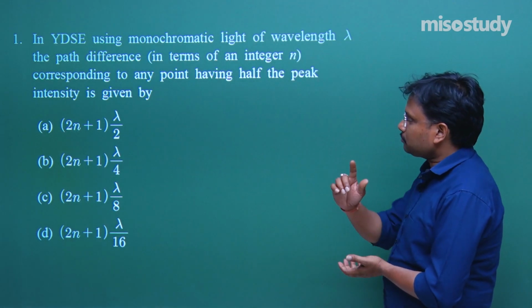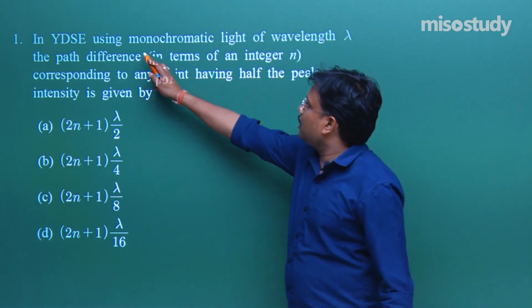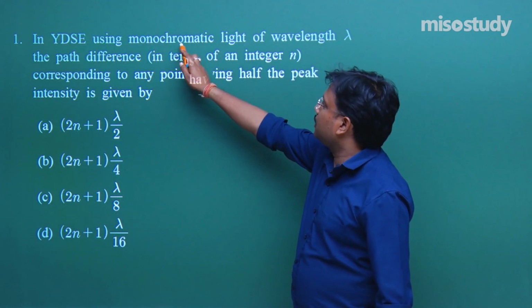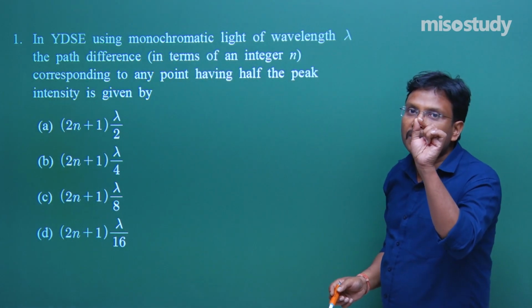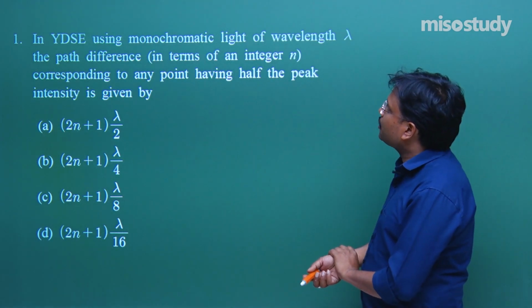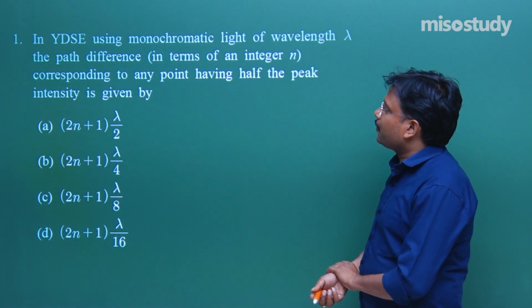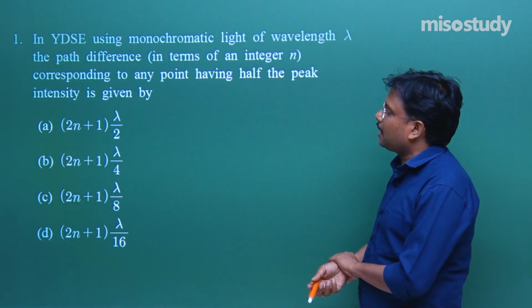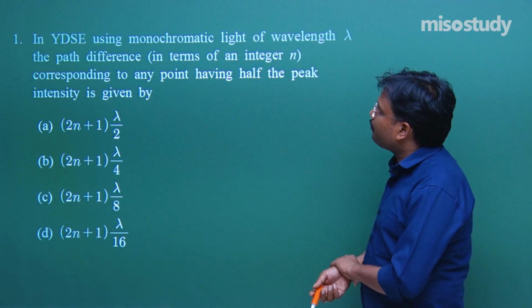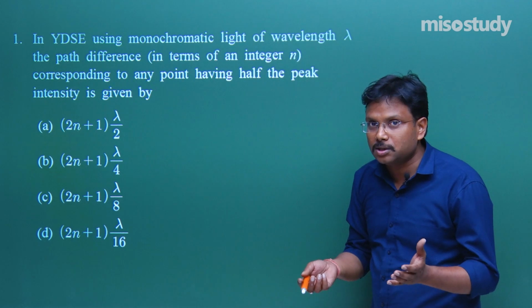Just to make the starting simple, here I am saying monochromatic light. Monochromatic means only one wavelength is available. In YDSE, using monochromatic light of wavelength lambda, the path difference in terms of an integer n corresponding to any point having half the peak intensity is given by what?